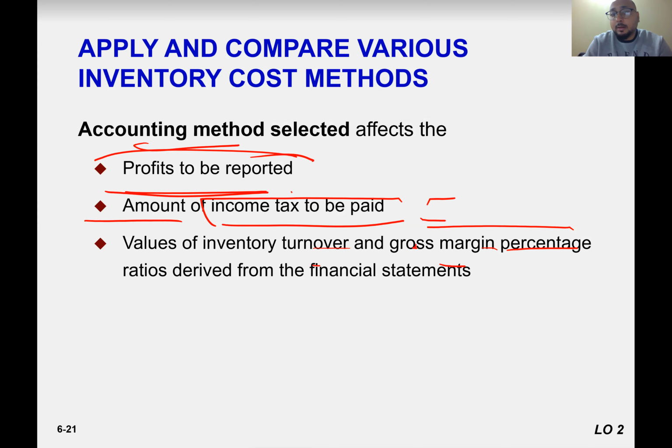Everybody wants to pay less taxes, so if every company in a country starts using the latest methods, in that case, government receives less taxes. So governments are also watching, the securities and exchange and all those, because the financial statements are publicly published.